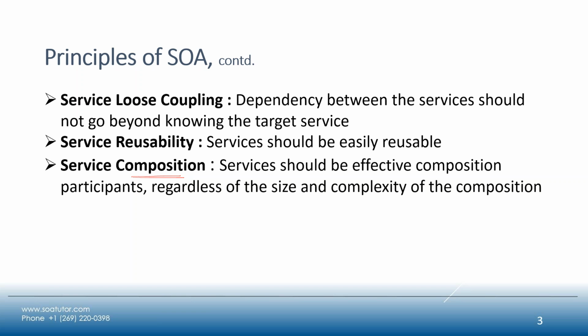In other words, if an application adheres to all these 7 principles, that is a SOA application. So if it is a SOA application, what is the use? We know what the advantages of a SOA application are, right? Now you need not remember all these, but you need to understand what these principles are.